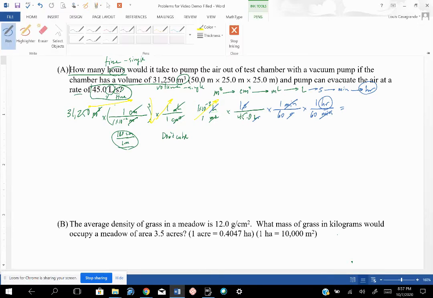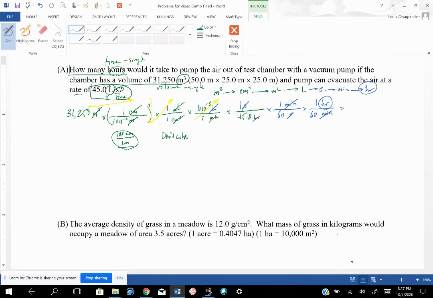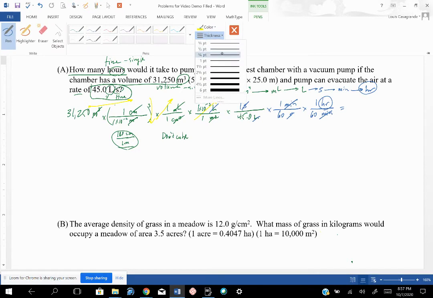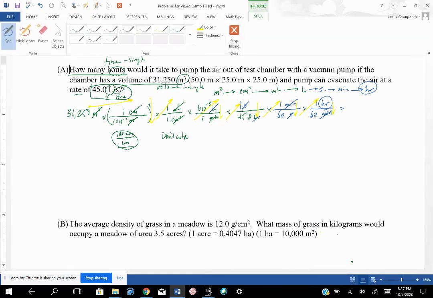Oh, I didn't want to erase the times or the line. So let's try that again. Multiply, divide down, multiply up, divide down, multiply up, divide down, multiply up, and divide down. Now, in reality, you can ignore those ones.